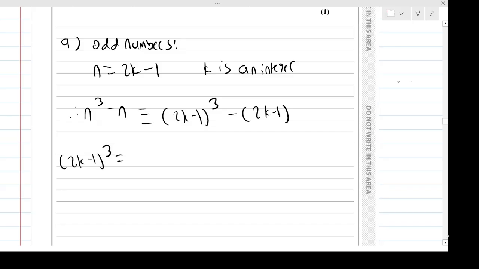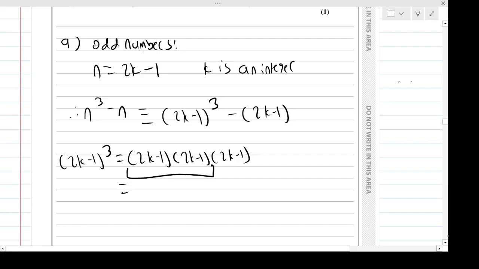If I do the double bracket first, 2k minus 1 times 2k minus 1, that's 4k squared, minus 2k, minus 2k, add 1, then times by 2k minus 1.